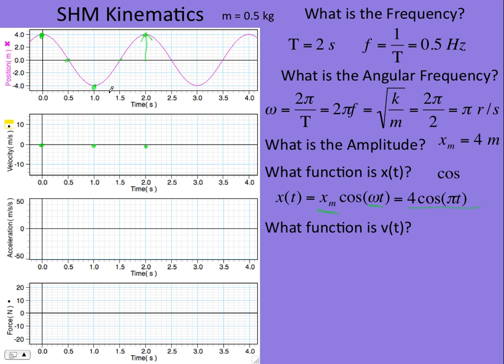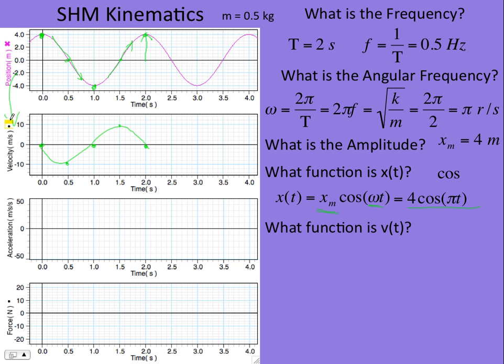The question is, are we on the way up or on the way down? If we're on the way down, that is negative. Here we're on our way up, and so that would be positive velocity. So we have a negative sine, right? This is a negative sine.